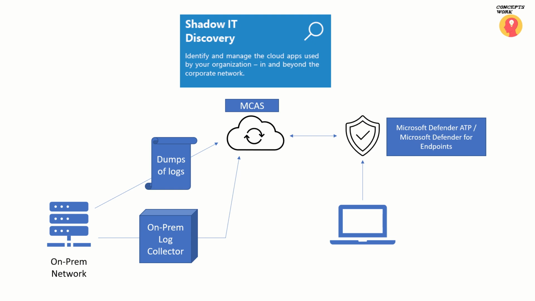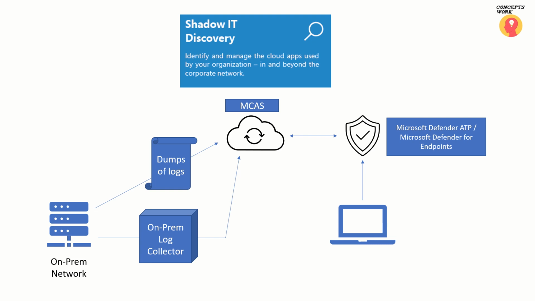Now, it doesn't matter whether you have MDATP in place and you are capturing everything from the endpoint. It is also recommended to capture everything that's happening in your on-prem environment as well, because you may have certain resources that are connected to the public internet. And in case of a compromise, we all know that bad actors use privileged resources to get connected to suspicious URLs or malicious endpoints.